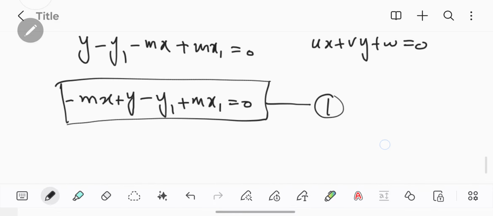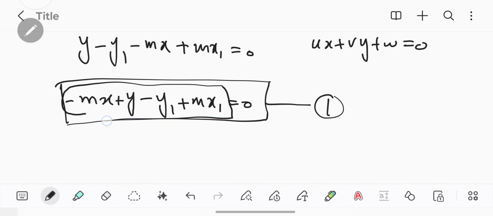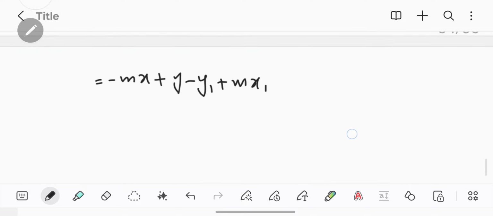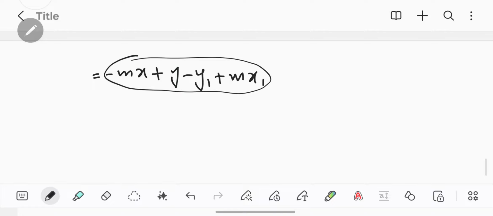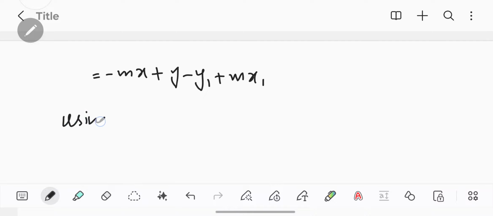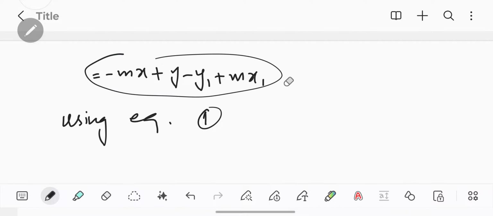Now look at equation number 1. Equation number 1 says this whole thing equals 0. So here we got the same thing. This is the same thing as in equation number 1. So using equation number 1, this whole thing is 0.